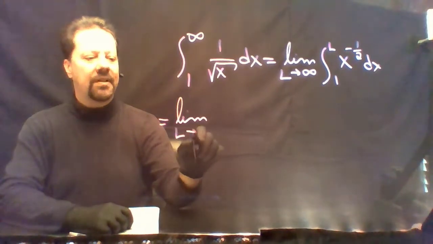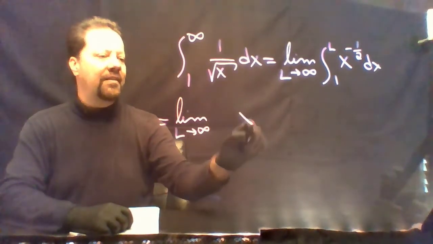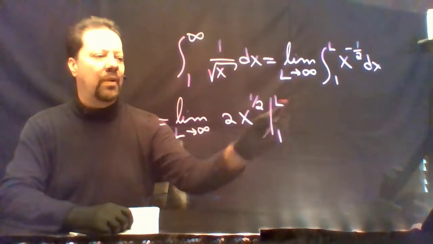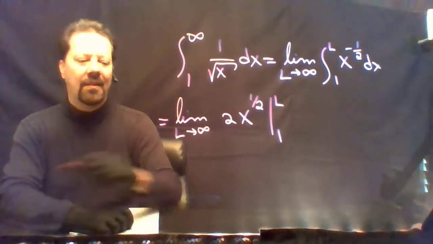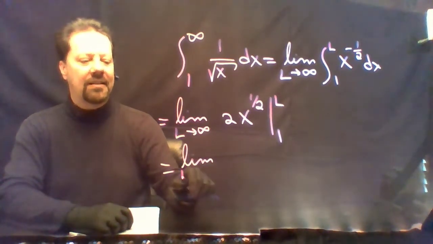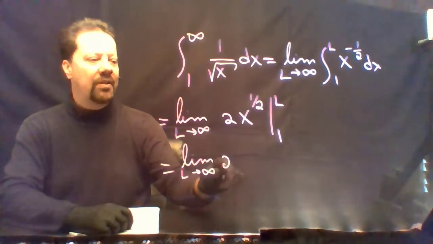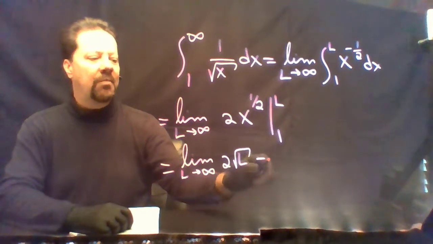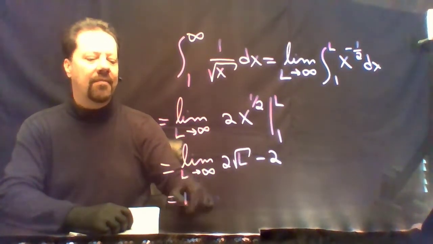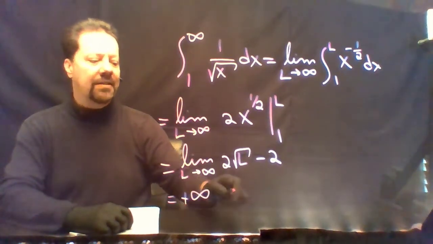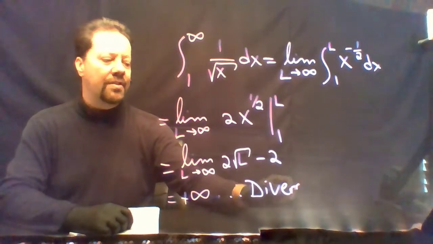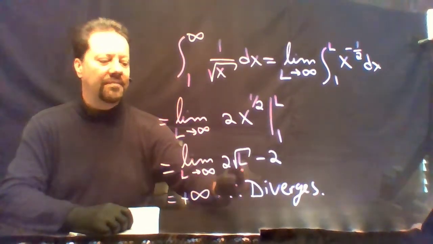This is, of course, the limit as L goes to infinity of x to the positive 1/2 times 2, evaluated from 1 to L. Evaluating, we have the limit as L goes to infinity, 2 times the square root of L, minus 2. As L goes to infinity, the integral goes to plus infinity, and therefore it diverges to plus infinity.